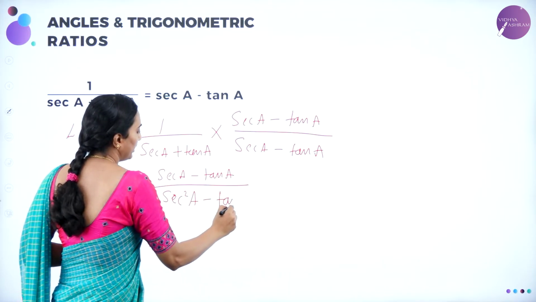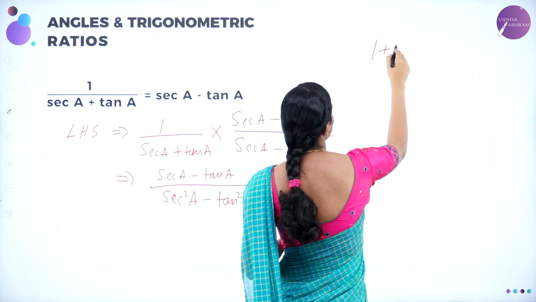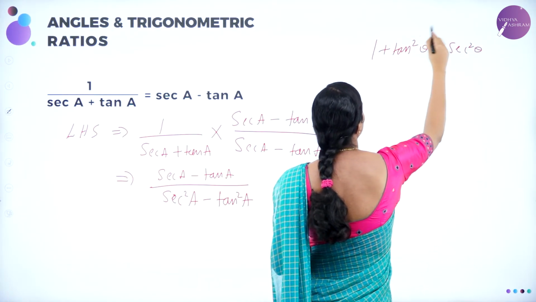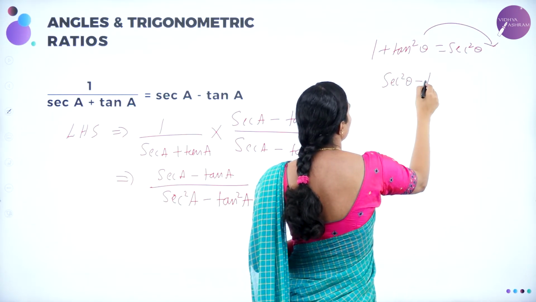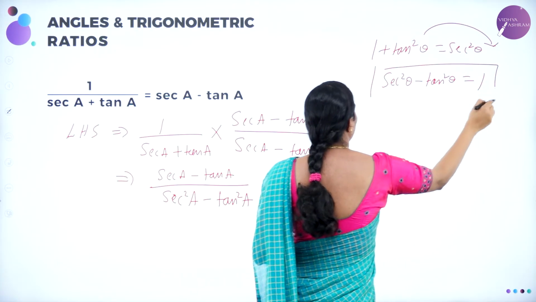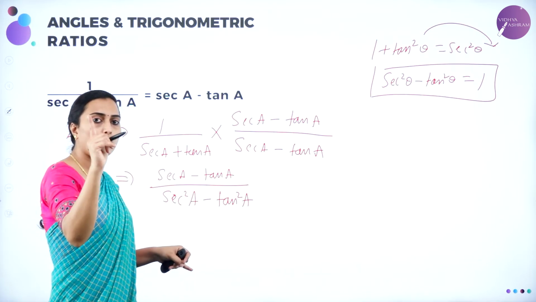minus tan squared A. But observe here, what is 1 plus tan squared theta? It is secant squared theta. Now, taking this tan squared theta to the other side, you are going to have secant squared theta minus tan squared theta is equal to what? 1. So, therefore, in the denominator I can substitute secant squared A minus tan squared A as 1.